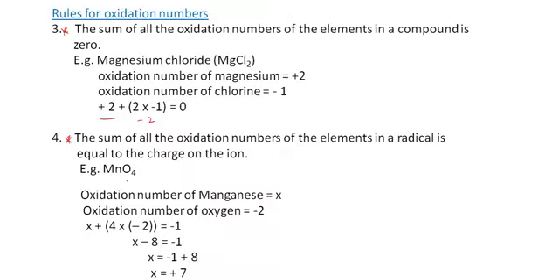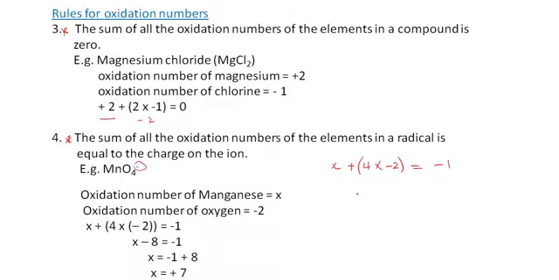So if we have something like MnO4-, which is a manganate ion, and we are asked to find the oxidation number of manganese, we let the oxidation state be X. We know oxygen is typically -2, so it's 4 multiplied by -2, and this is equal to the charge on the radical, which is -1.